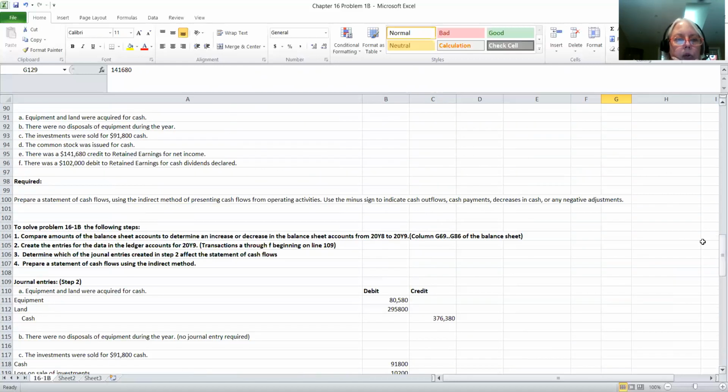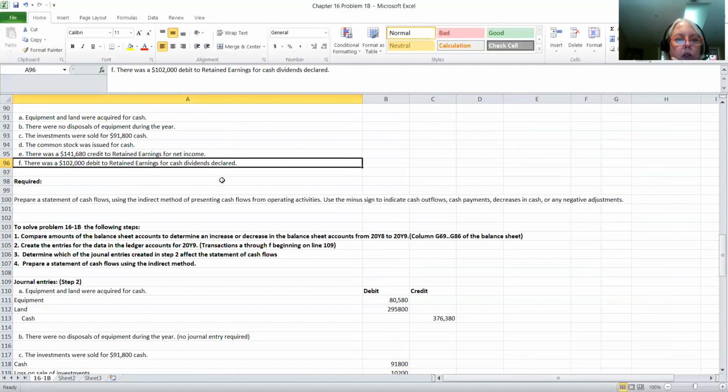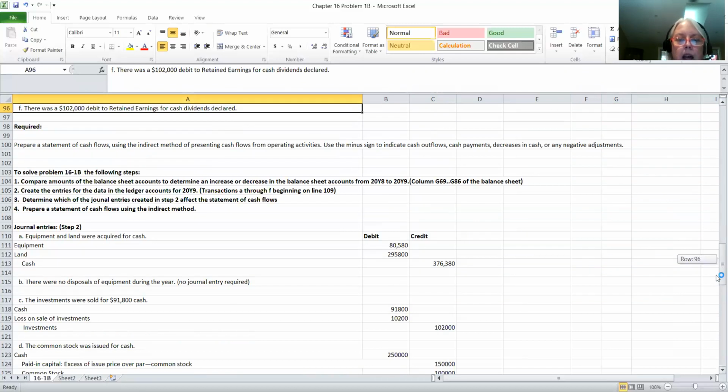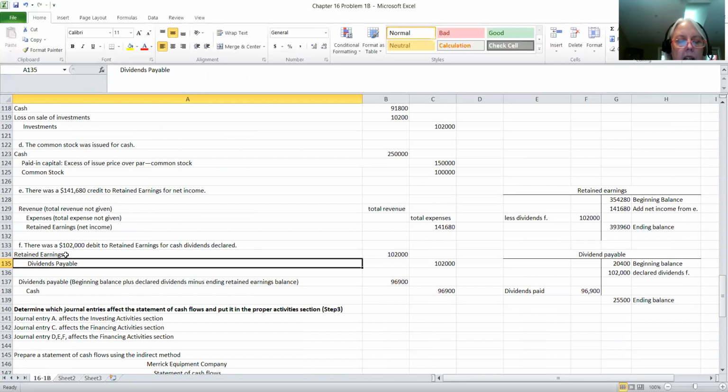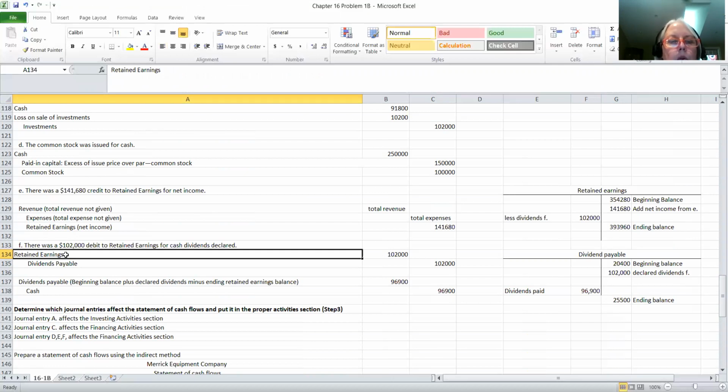They also have told us that there was a debit to the retained earnings for the cash dividends that were declared. There's a difference between declaring dividends and paying dividends. When you declare dividends, you're creating a liability saying that you're going to pay those dividends in the future to the stockholders who are of record when this dividend was declared.